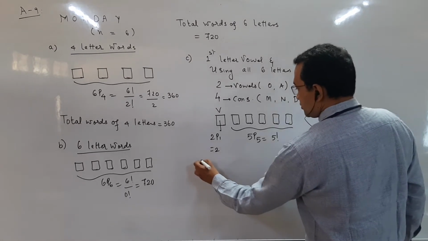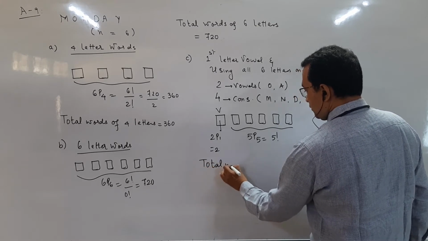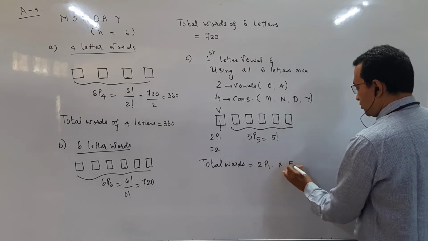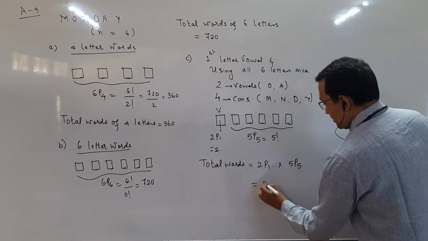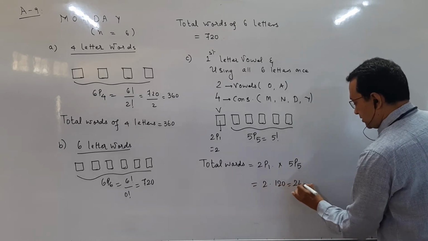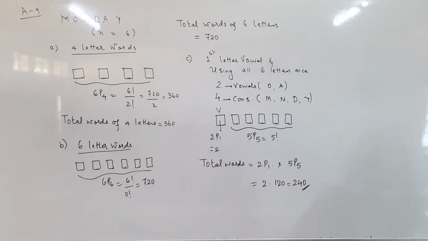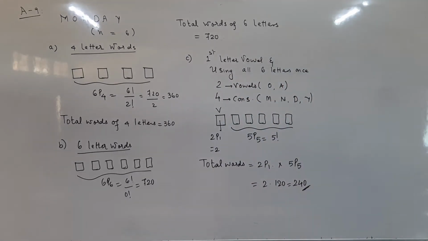So total words as per the given condition, 2P1 into 5P5, that is 2 into 120, which is 240. So the total words of 6 letters where the first letter is a vowel are 240. And if it was a consonant, then 4P1 is 4 into 120, so the total words will become 480.